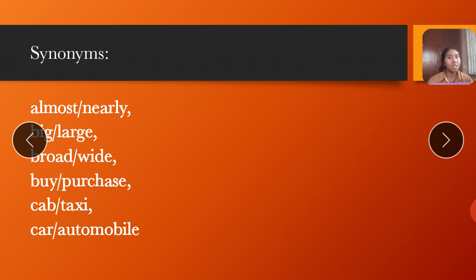Synonym. Two or more words with very closely related meanings are called synonyms. For example, here I put some words that have synonyms. I will read some of them: almost, nearly, big, large, broad, wide, buy, purchase, and so on. This is the example of synonyms.